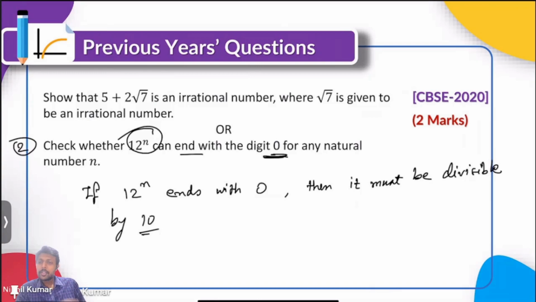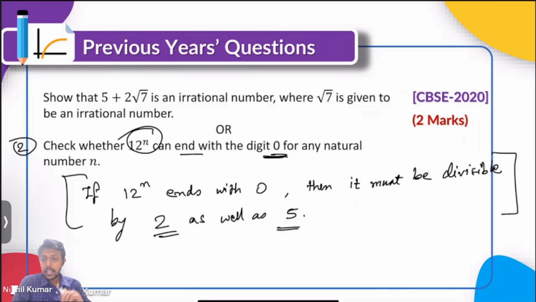But 10 is not a prime number, so we'll say this same statement in terms of prime numbers. So we'll say that it must be divisible by 2 as well as 5. Do you agree with this statement? So it must be divisible by 2 as well as 5. Okay, if we're clear with this much, then we will be able to understand the solution easily.